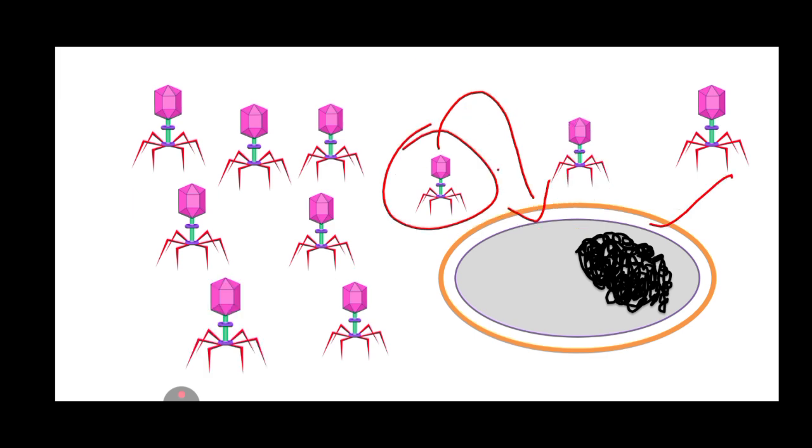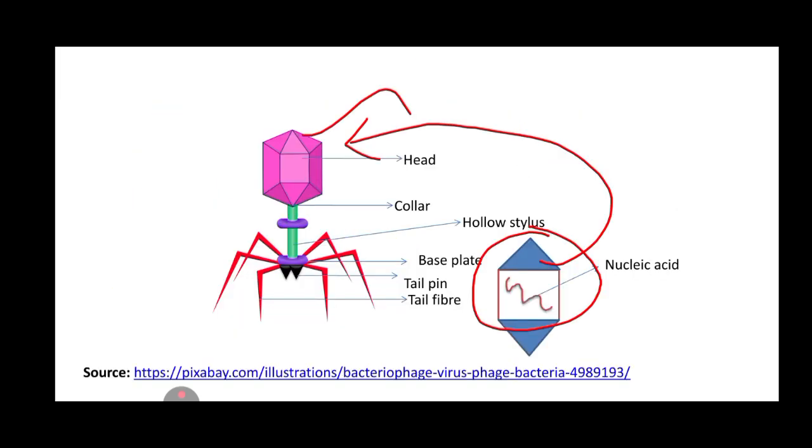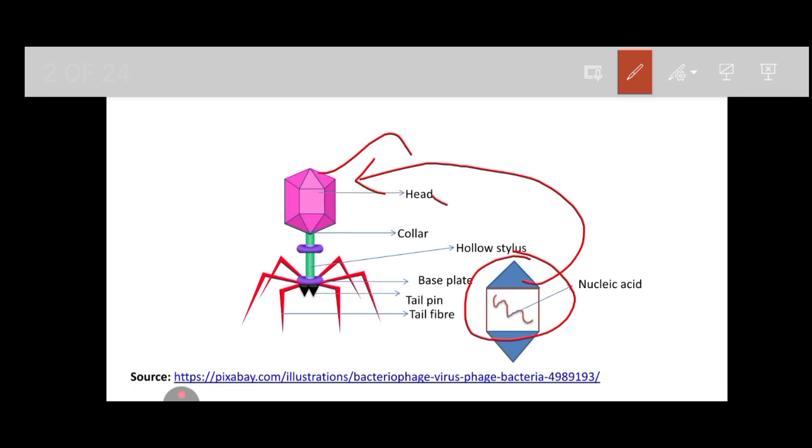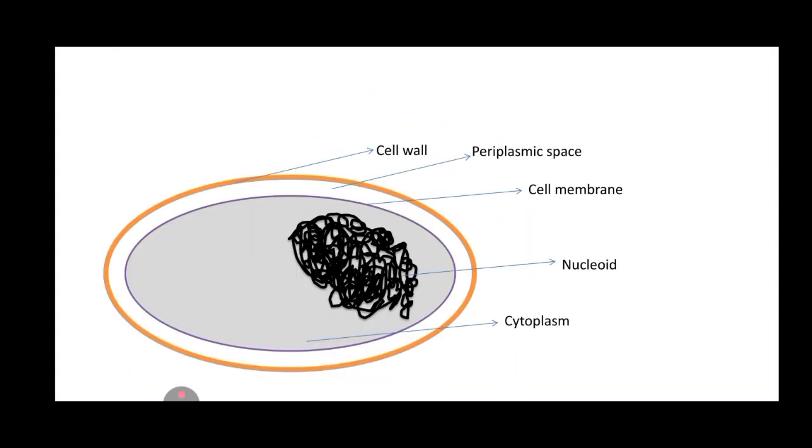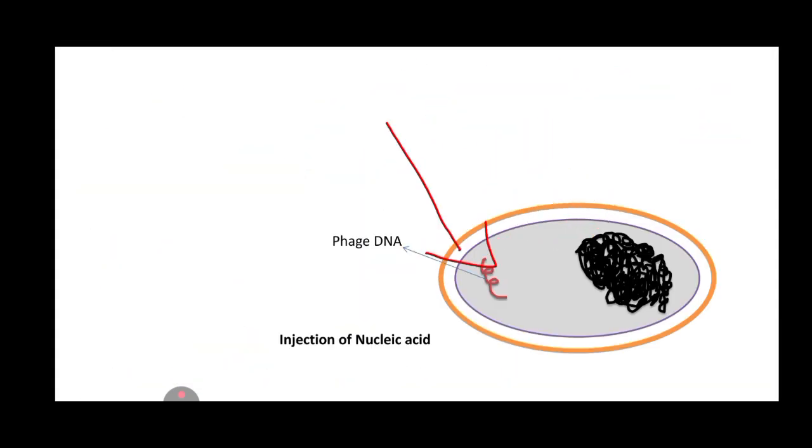Here you could find the structural components like head, collar, hollow stylus, base plate, tail pin, tail fibers. All these are structural components, and these proteins are synthesized by the late genes of the virus nucleic acid. So let's move on to the next slide.